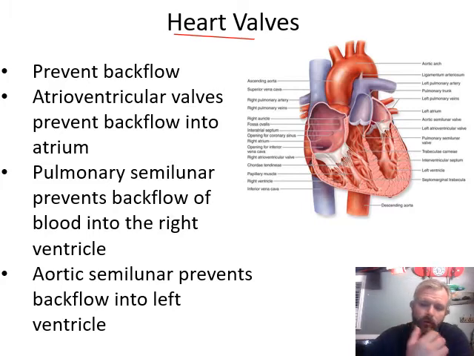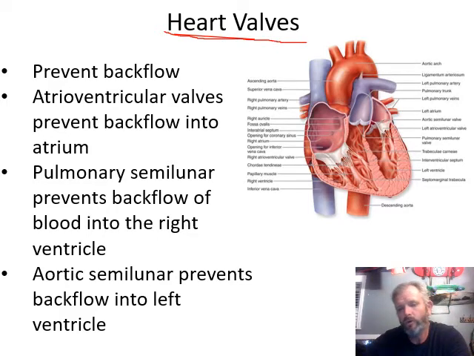And we need to look at our heart valves, so let's just walk through the flow of blood through the heart. When we look at this Wiggers diagram, it'll make a little more sense. Blood returns here to the right atrium. The right atrium pumps blood into the right ventricle.